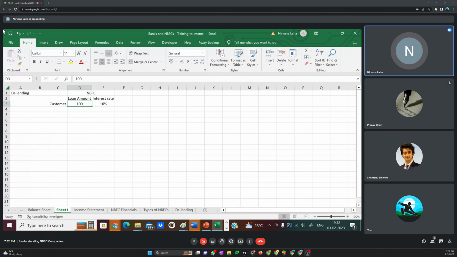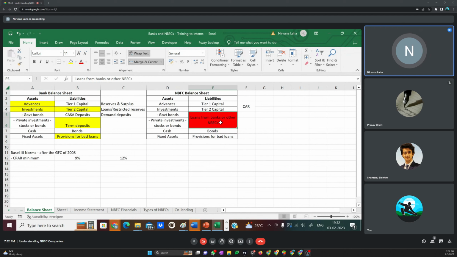Either 100 rupees or maybe more than 100 rupees, right? Because I can't give out every rupee I raise. So I will have to raise deposits. Now we discussed here that raising deposits for an NBFC is not as easy as raising deposits for a bank, right? Because a bank has access to deposits, whereas an NBFC doesn't. It has to depend on loans.